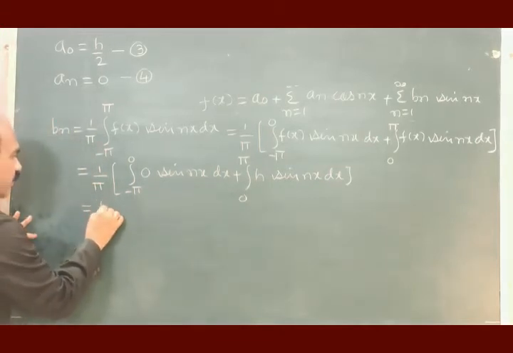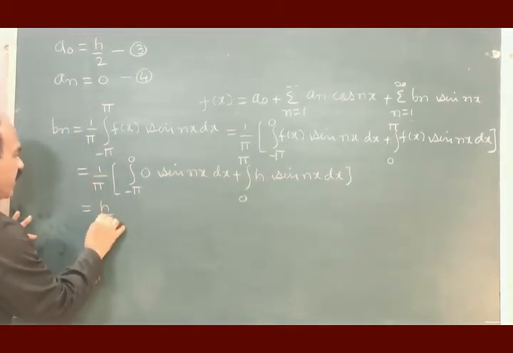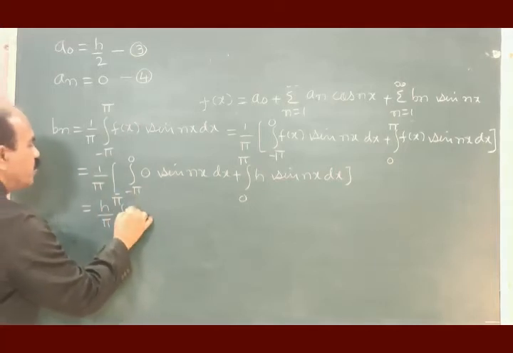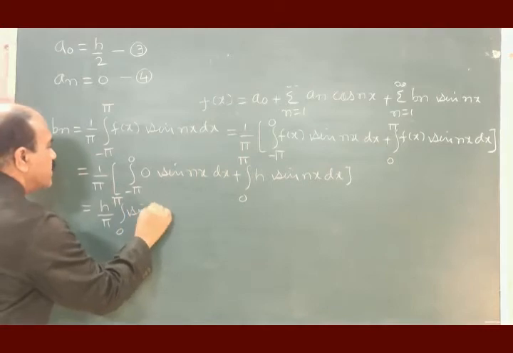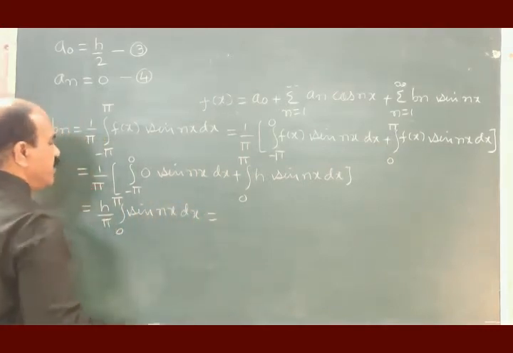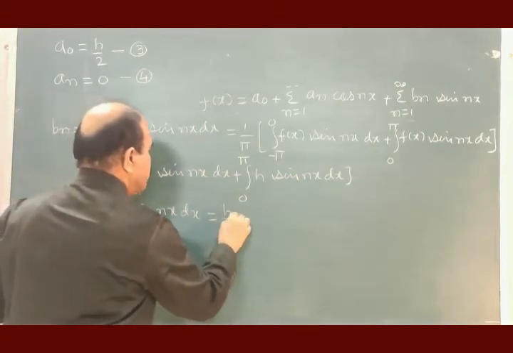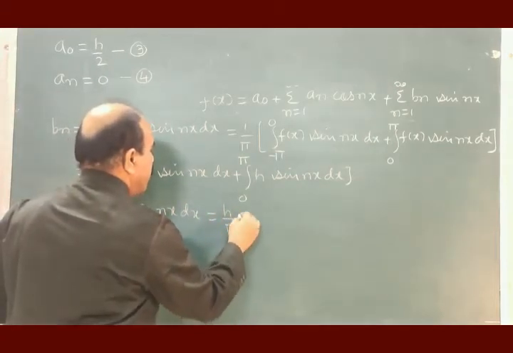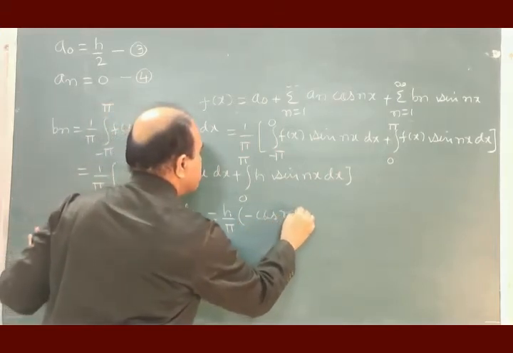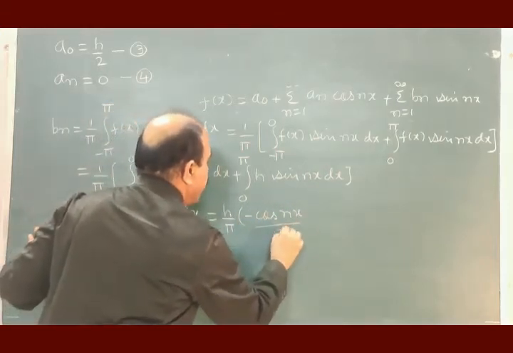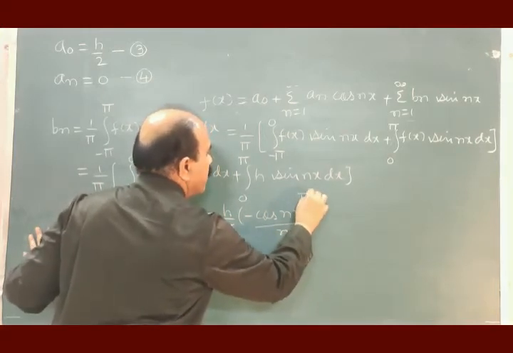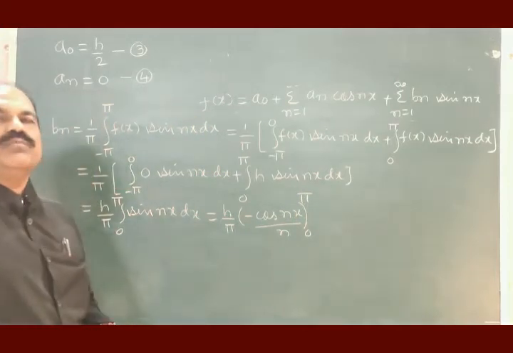So, we will have h divided by pi integration within the limit 0 to pi sin nx dx. This is equal to h divided by pi into minus cos nx divided by n with limits of integration from 0 to pi.